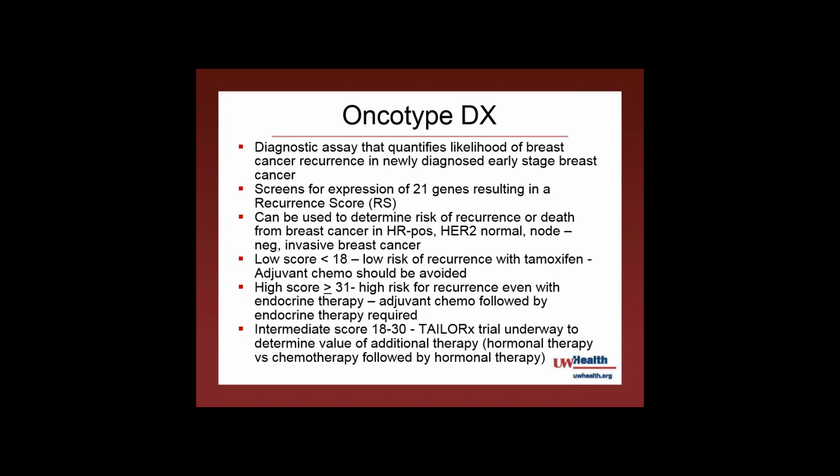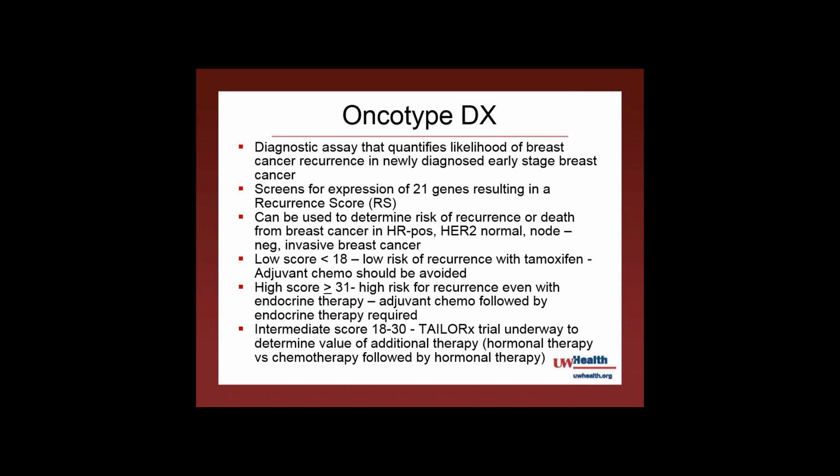We use the term HER2 normal for negative, or HER2 amplified or overexpressed for positive. That's more appropriate terminology. And we like to be current. And that is the risk in node negative, and that's important too, node negative disease and invasive breast cancer, which is the most common type of breast cancer.